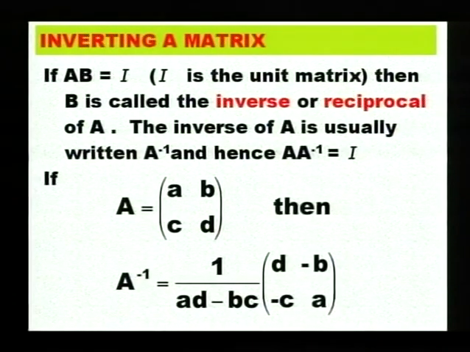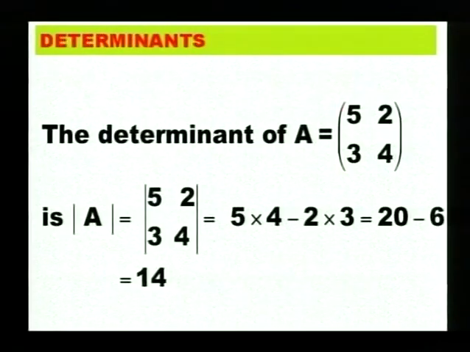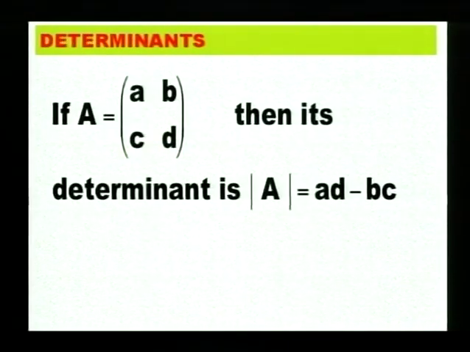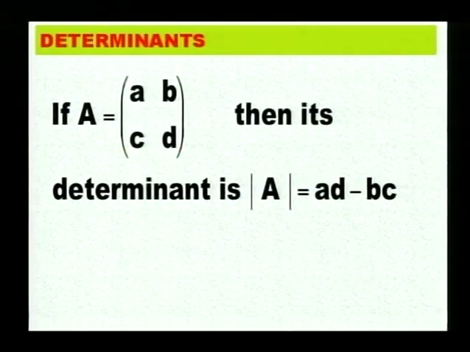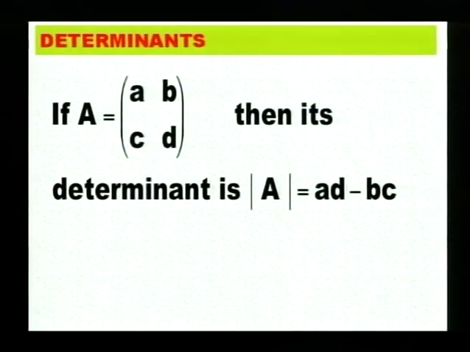So if A is equal to the matrix A, B, C, and D, then the inverse of A will be 1 over AD minus BC. Remember, AD minus BC is the determinant of A, B, C, and D. Please make sure you're following.